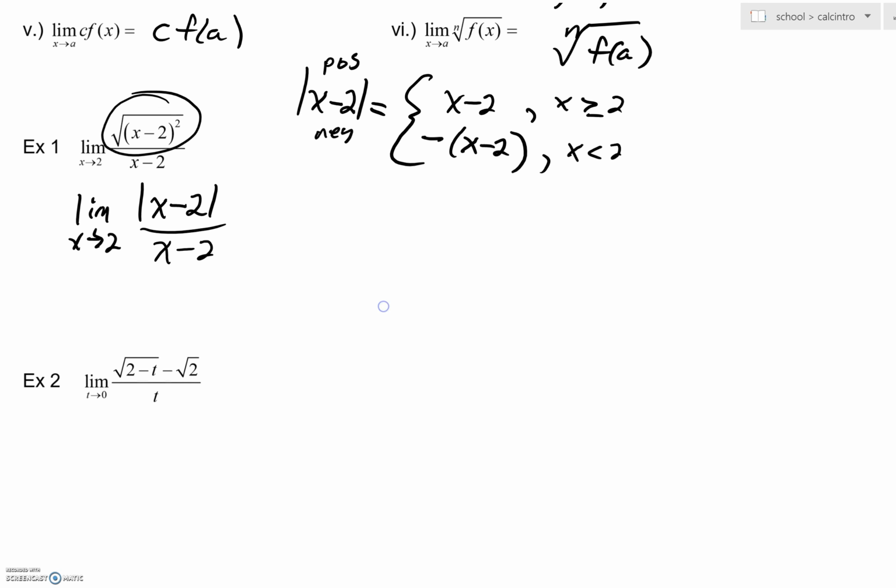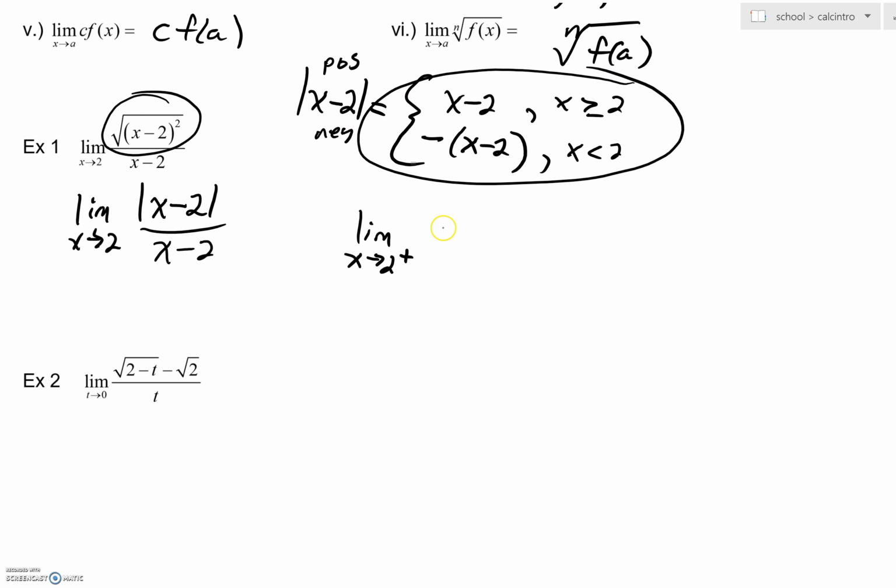For a limit to exist of this type, let's go ahead and check the right side and the left side. From the right side, when x is bigger than 2, which assignment are we dealing with, the top or the bottom? The top. That's x minus 2 over x minus 2. What do we get?